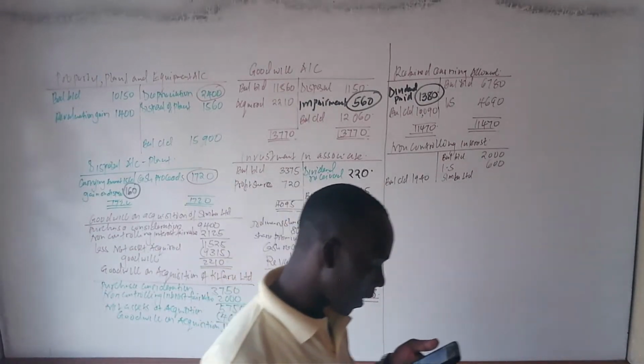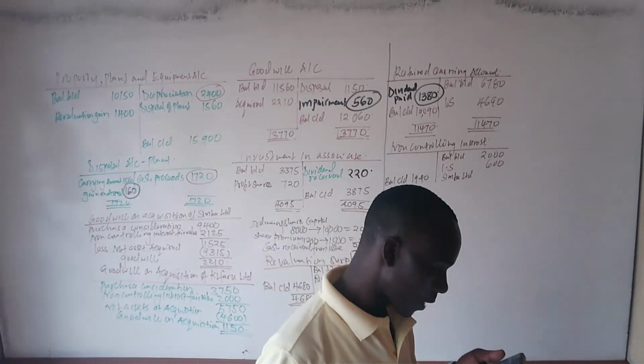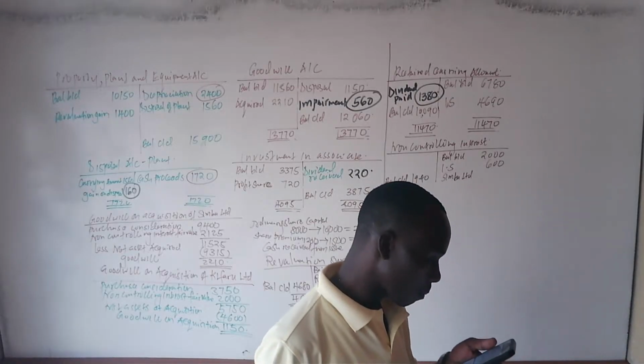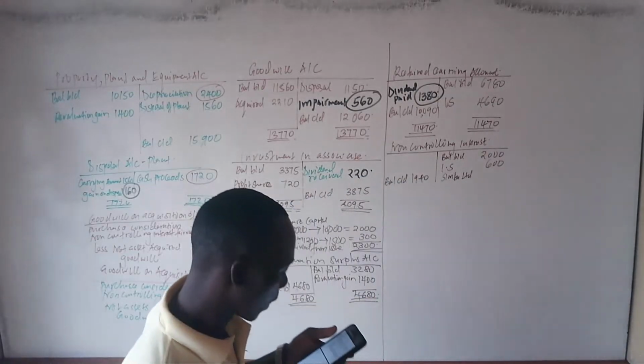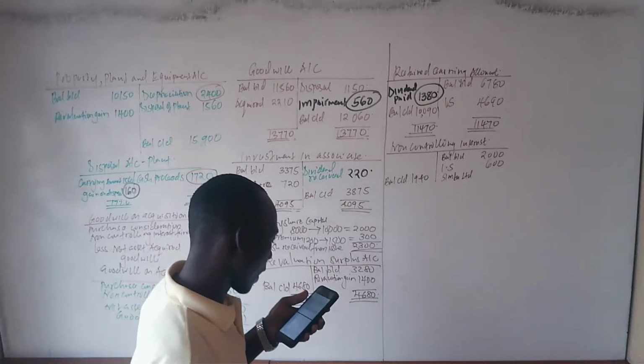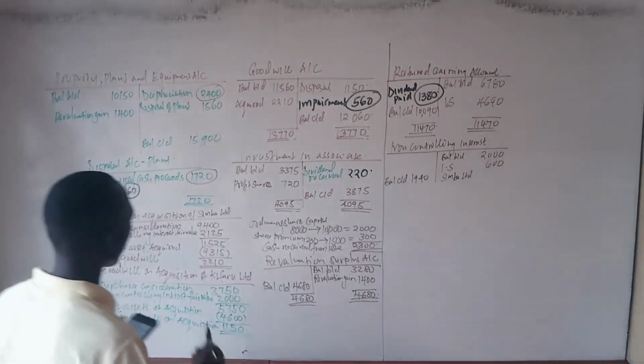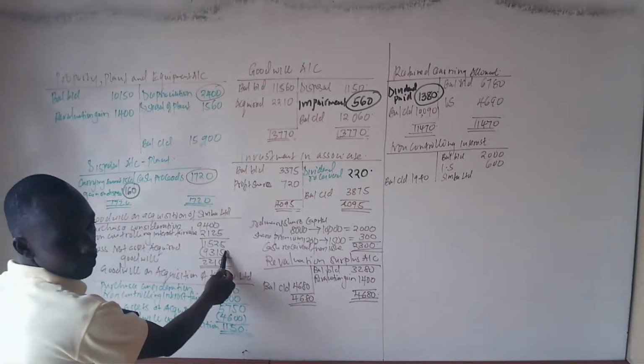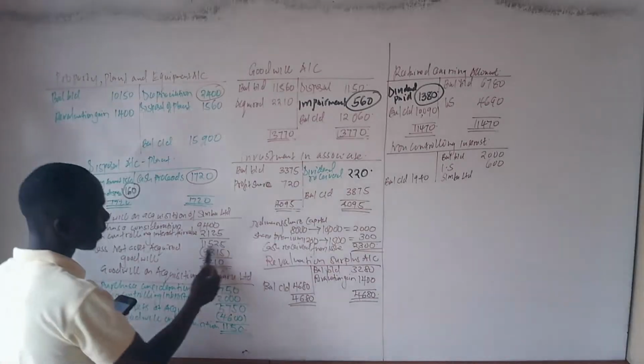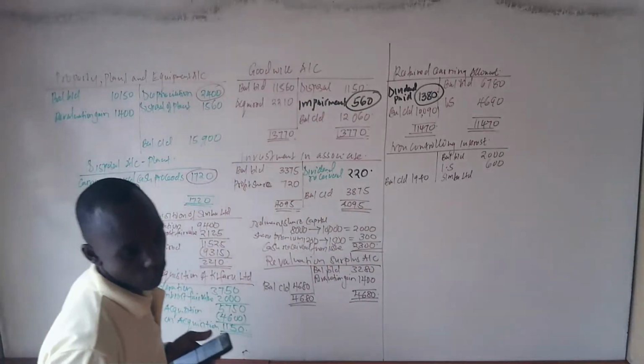We acquired Simba, 75% went to the parent, meaning the difference is 25%. They had net assets of 9315. So you are going to take this 9315 and multiply by 25%.